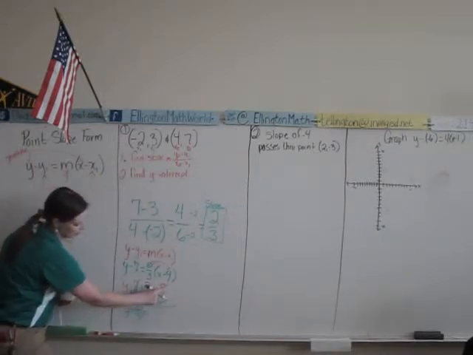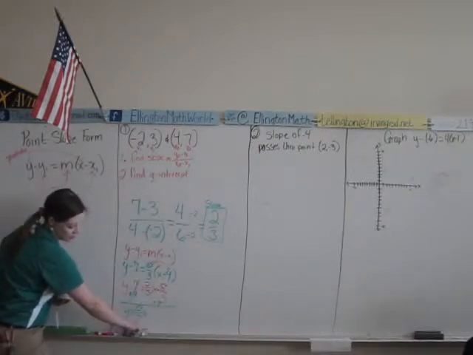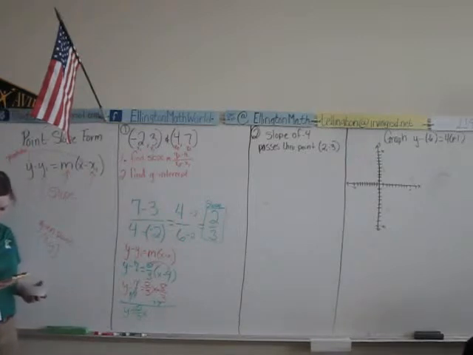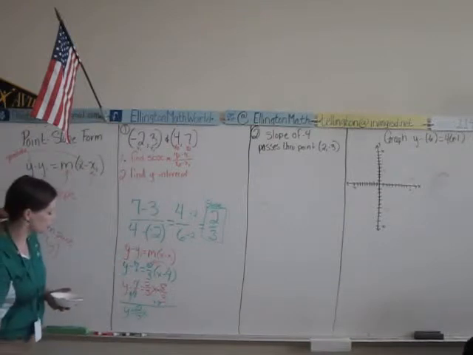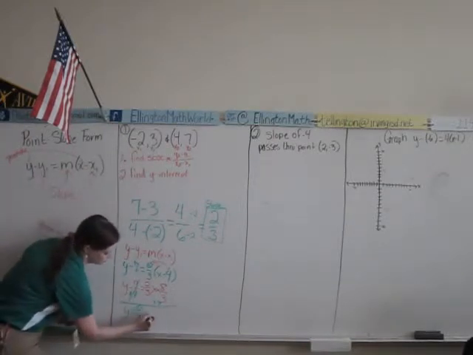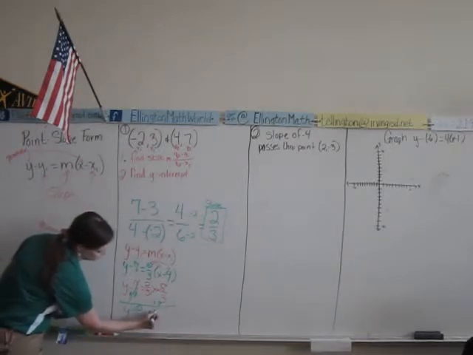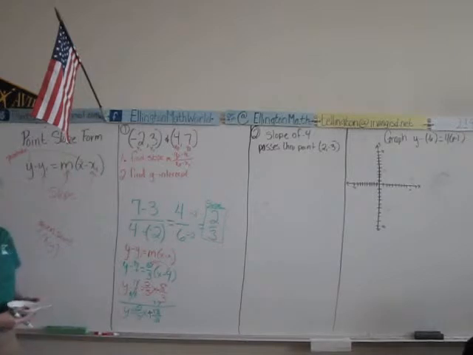Now I have a negative 8/3 plus 7. Punch it in your calculator. You already had the 8/3 in there, so all you have to do is add 7 to it, and you get 13 over 3. It's a plus, turn positive.